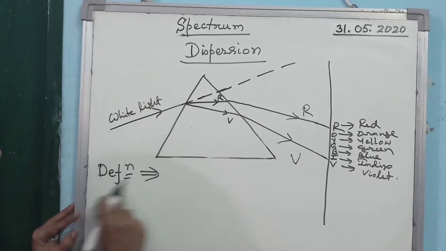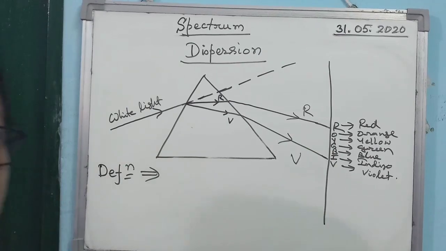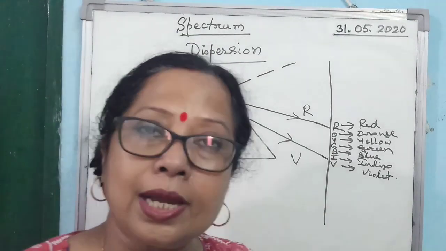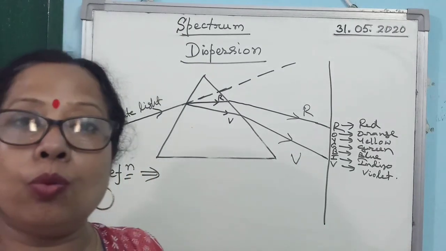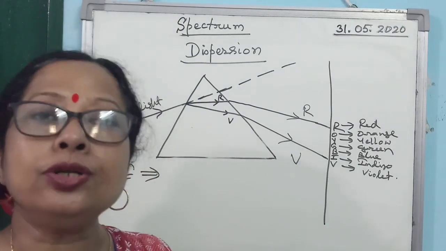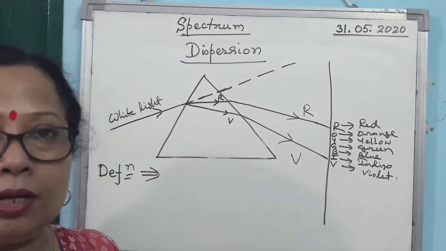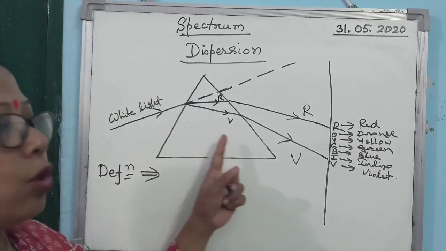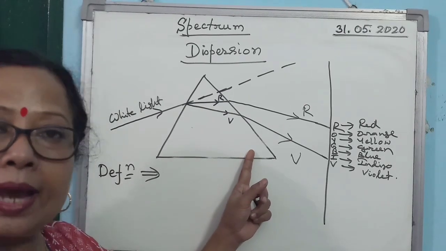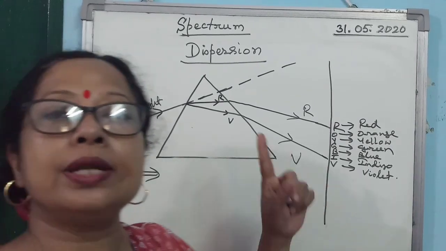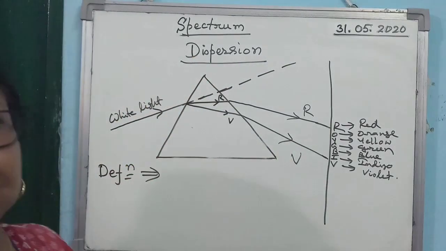You must write down the definition of dispersion, and you should learn it, prepare it for your board exam. So what is dispersion? Splitting of white light into its constituent colors while passing through a prism (within bracket, refracting surface), is known as dispersion.